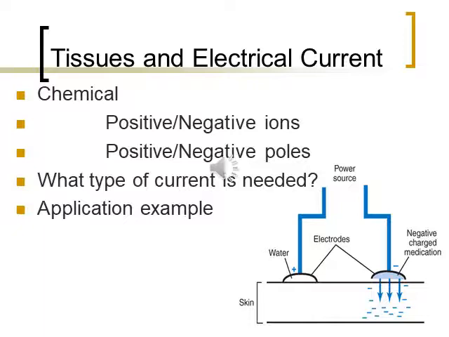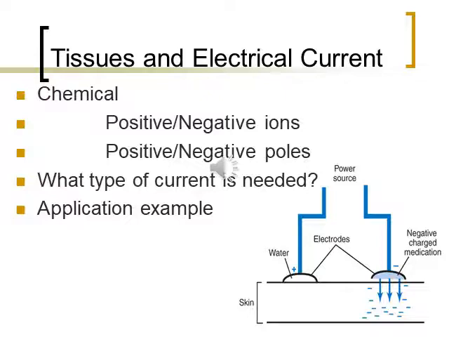Now, in order for this to happen, you need a certain type of current. You need a direct current because you need something that's continuously applying a charge in one direction in order to create an ion change at your active lead. Okay? Again, the best application example of this is iontophoresis.